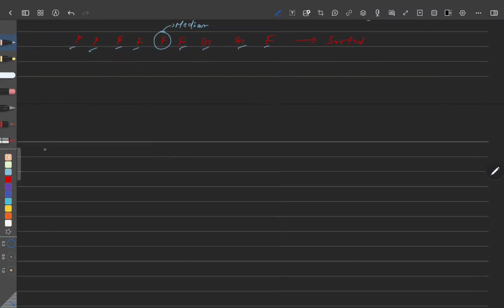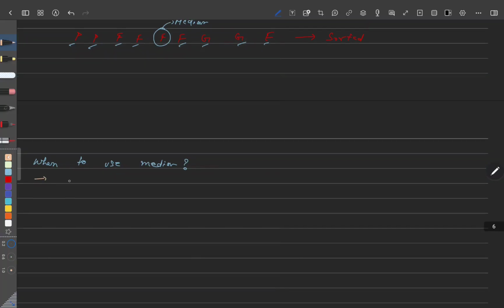Let's summarize this. When to use median? First point is ordinal data, when the data is ordinal. Second is, we know that our data has outliers.